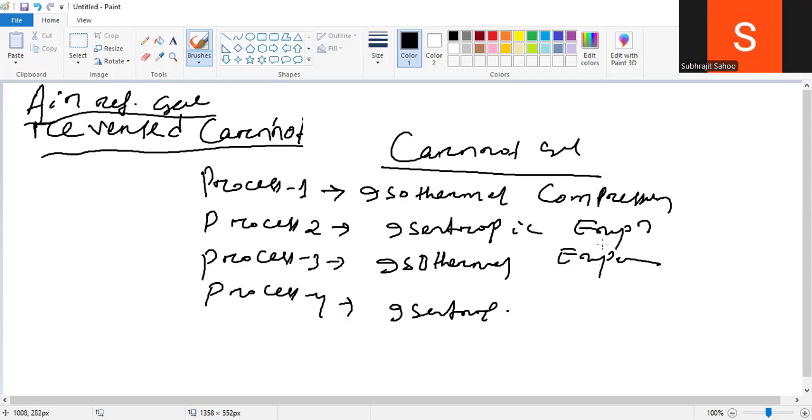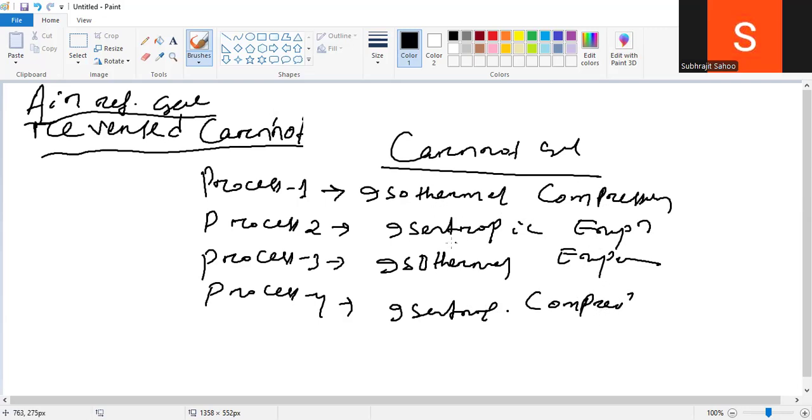Isothermal compression, isentropic expansion, isothermal expansion, then isentropic compression. Like this, four processes.